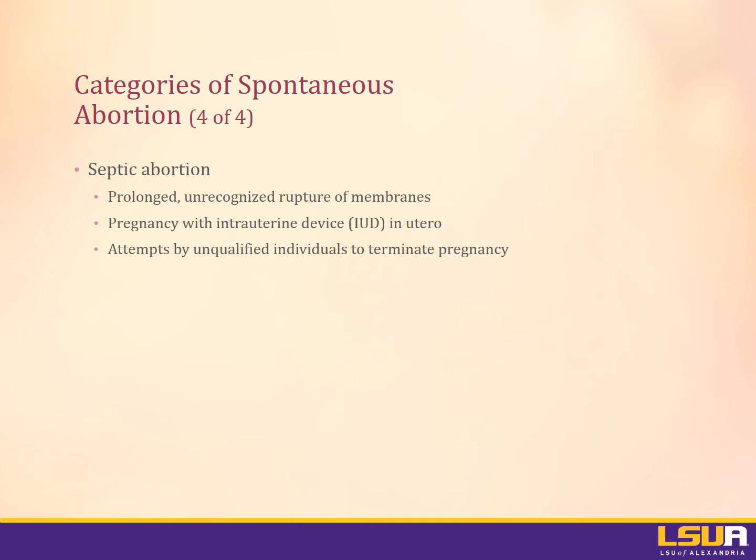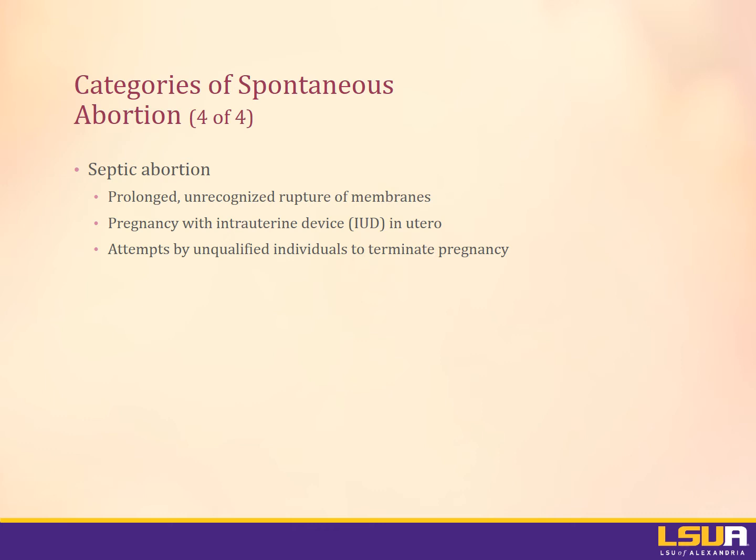Septic abortion, where these are prolonged, unrecognized rupture of membranes. It could be a pregnancy that got past an IUD in utero, or there's attempts by unqualified individuals to terminate a pregnancy, and this is what would be termed a septic abortion.